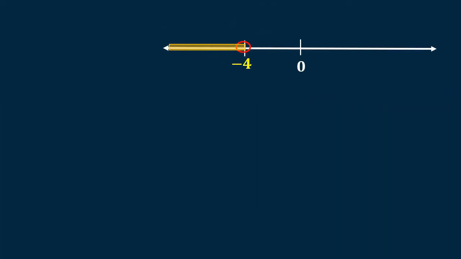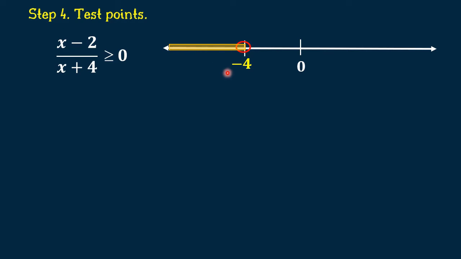So, we have here the first interval to the left of negative 4. So, this is now our step 4. So, mas mahaba-haba ang ating step 4. We will try values to the left of negative 4. Values such as negative 5, negative 6, and so on. So, ang mga value na ito ay nasa kaliwa ng ating critical point na negative 4.